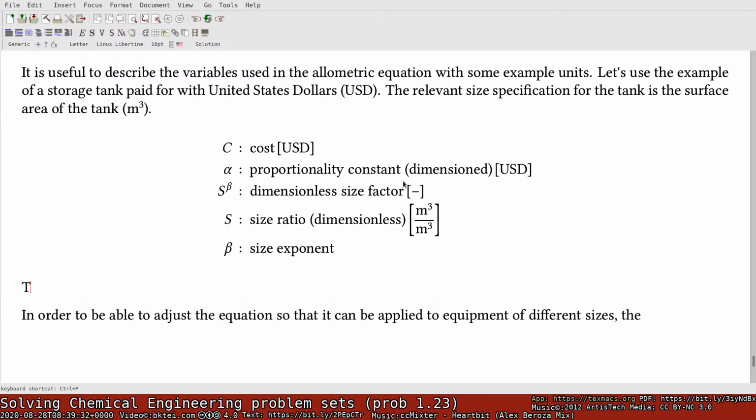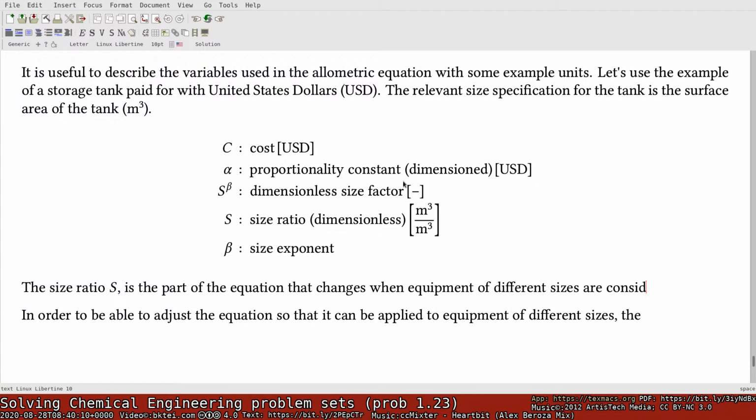Is that a way to say it? Let's just see. The size ratio S is the part of the equation that varies, or that changes, when differently sized equipment is considered.